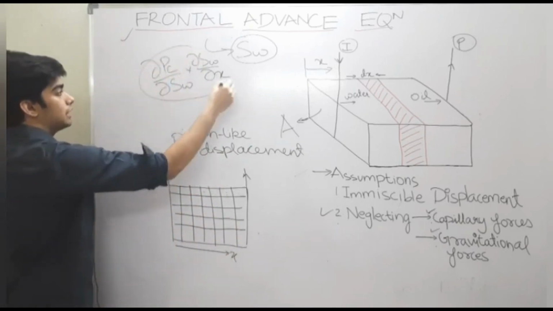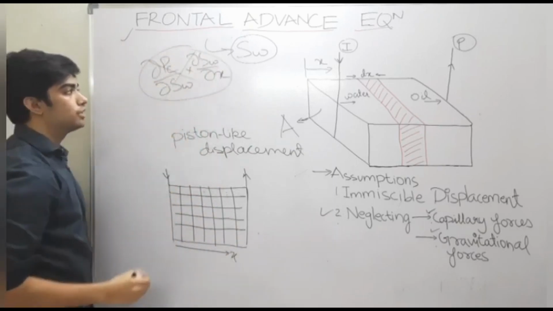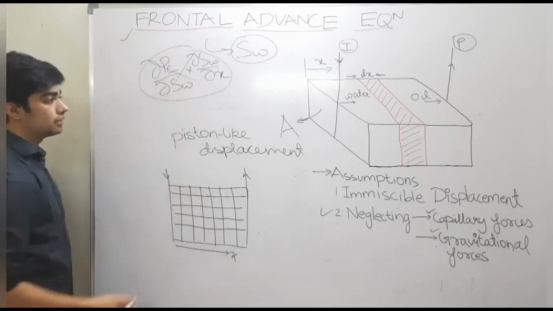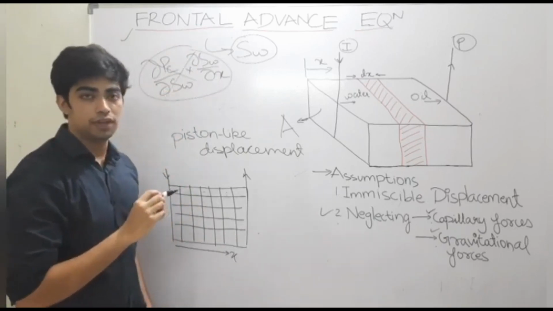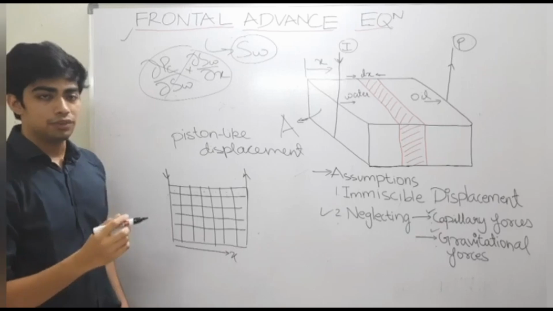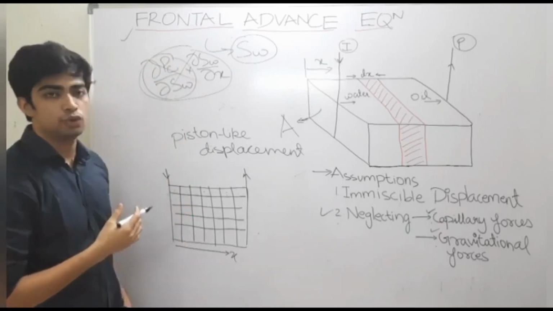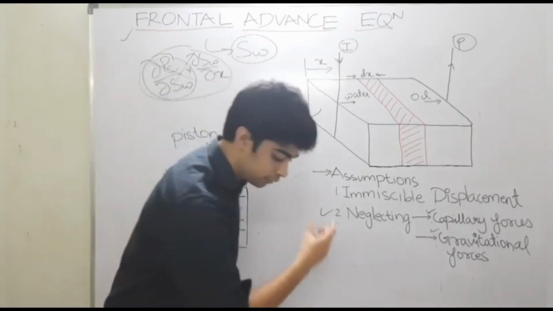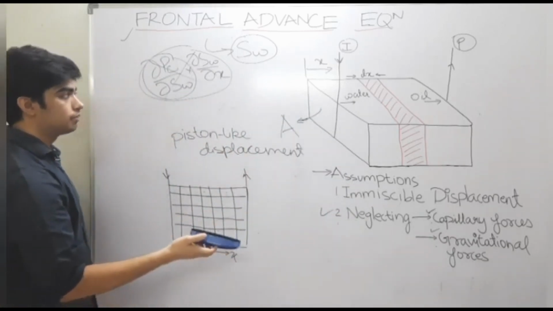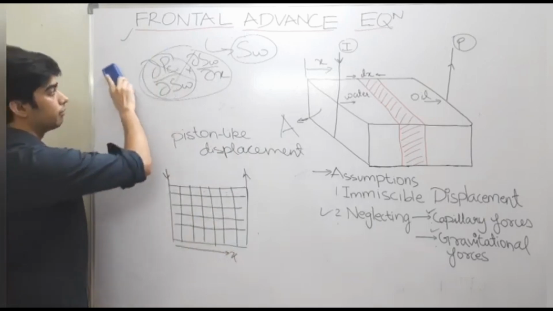So we are basically neglecting this whole scenario, and we have seen this in the derivation of the fractional flow equation. In the end, we neglect the capillary pressure term, saying that its effect is not very large. So we will use the same equation which has neglected the capillary forces to define the frontal advance equation.